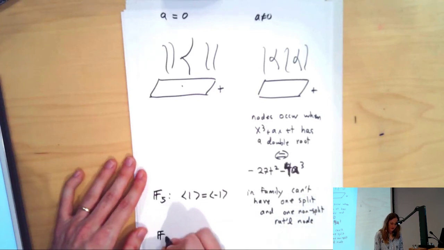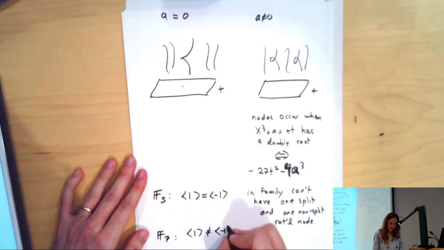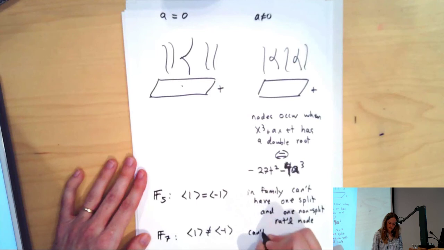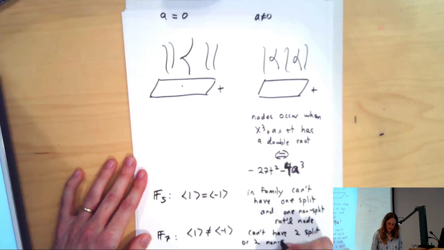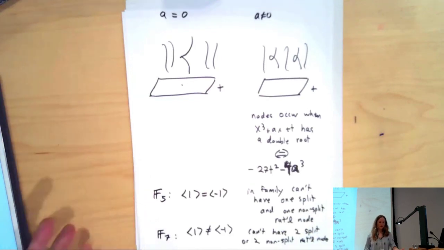But for F7, this is reversed. So you can't have 2 split or 2 non-split rational nodes. So you've obstructed certain kinds of arithmetic behavior in your family, and I'll stop. Thank you.